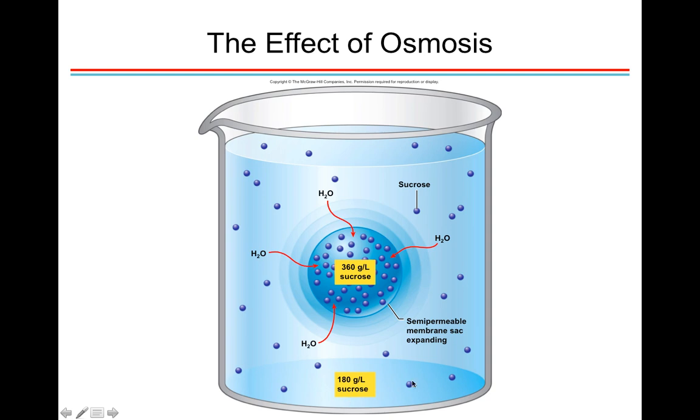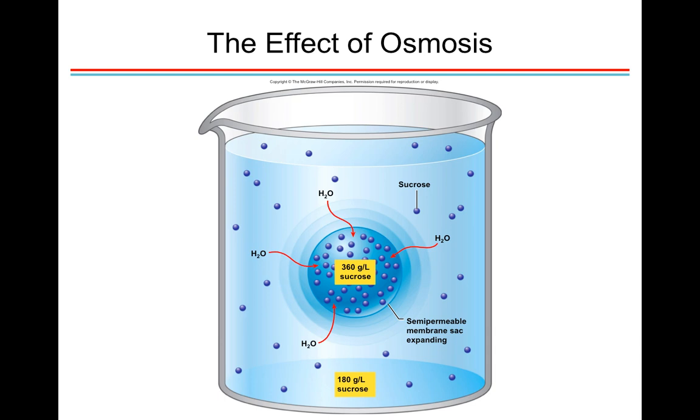And in order for that to happen, the sucrose in the balloon needs to be diluted, going from 360 to 270 grams per liter. And then we have to lose water in the beaker so that the concentration of sucrose will be increased to 270 grams per liter.